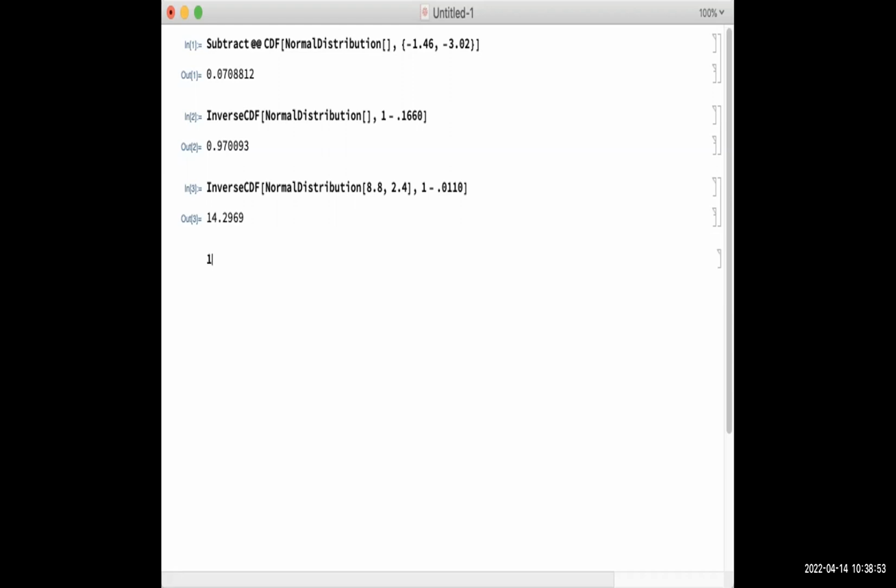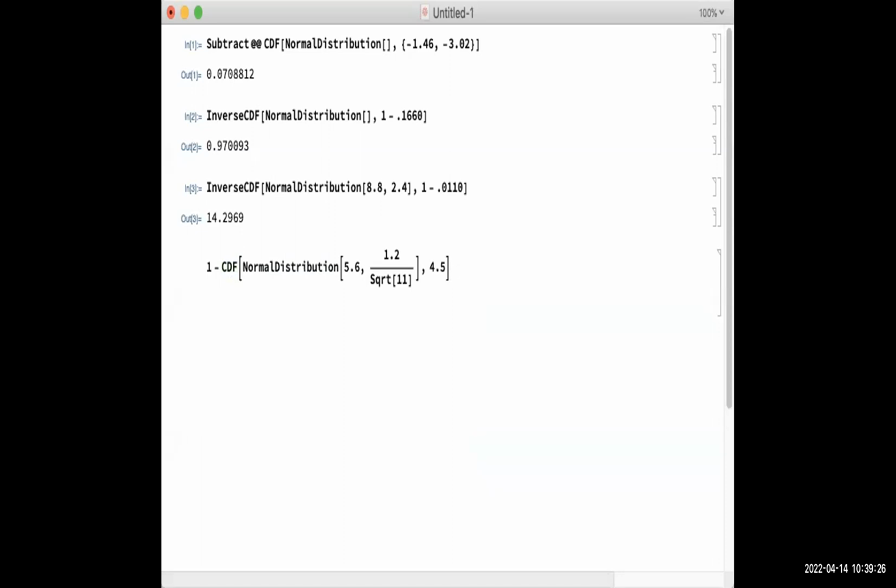So let me do 1 minus the CDF for the normal distribution, where the mean is 5.6 and the standard deviation is 1.2 over the square root of 11. And we want to get rid of everything less than 4.5.